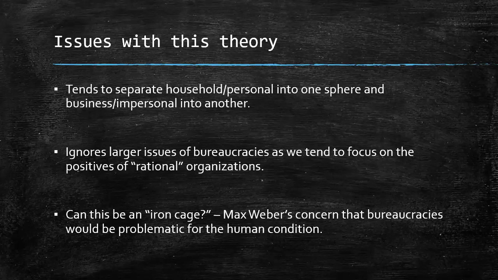Because bureaucracy kind of creates a machine of people, and that is problematic for the human condition, in the sense that we need to be able to make decisions that deal with our emotions, that deal with us being humans. If you can picture an iron cage, it's like a bird being caught in a cage, which we often may sense. So we're going to delve into that more in the future weeks.